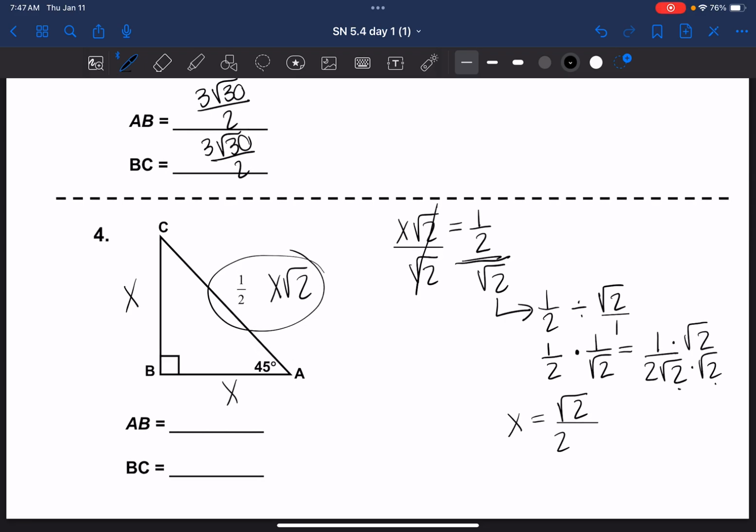Square root of 2 times square root of 2 is 2. And we would need to multiply those two terms together to get square root of 2 over 4. So since that's the value of x, both sides AB and BC are square root of 2 over 4.